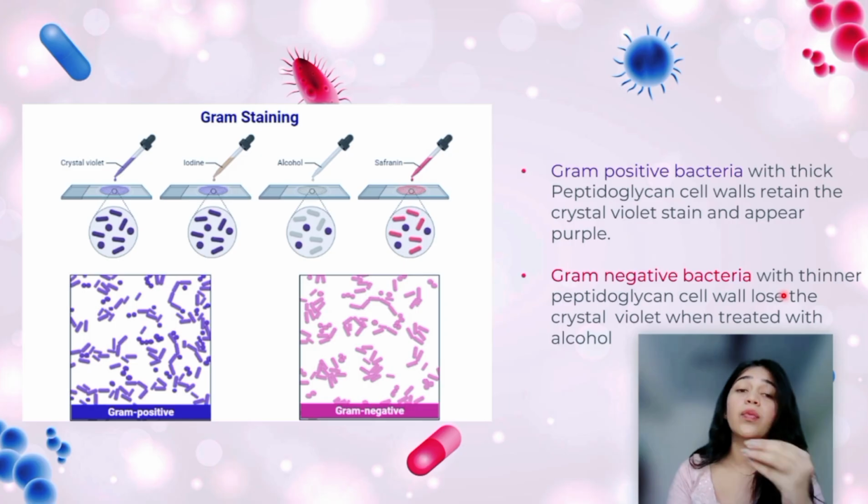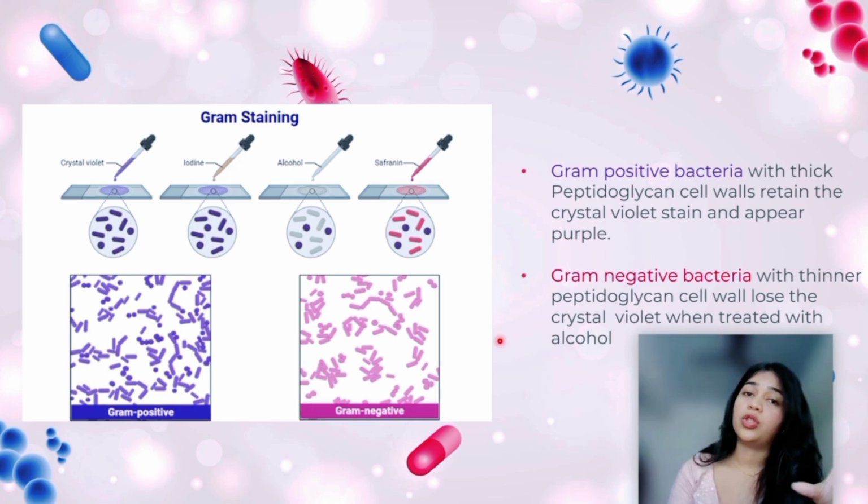Gram-negative bacteria with a thin peptidoglycan cell wall lose the crystal violet when treated with alcohol. Because of their cell wall composition, they take up different dyes and appear in different colors. This is what happens in the gram staining process, and that's how they get different colors.